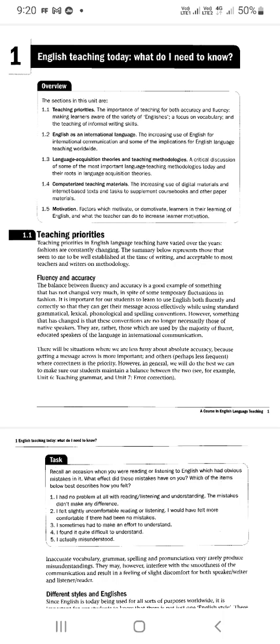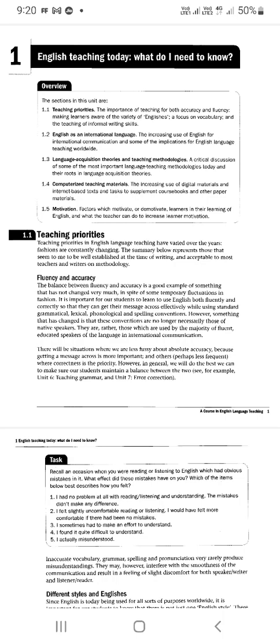Recall an occasion when you were reading or listening to English which had obvious mistakes in it. What effects did these mistakes have on you? Which of the items below best describes how you felt? I had no problem at all with reading, listening and understanding.